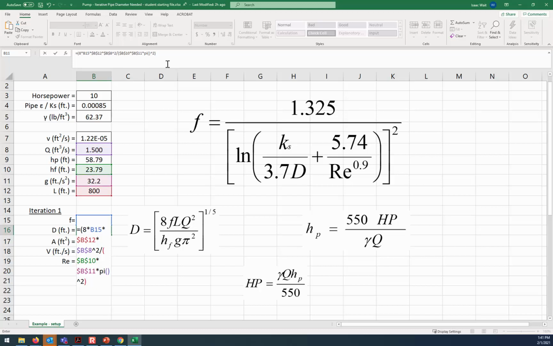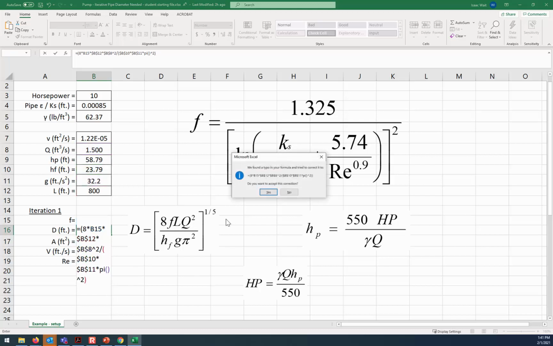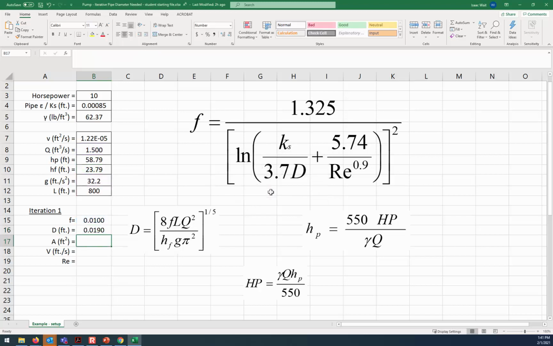Okay, so you can see the formula up at the top. It kind of packed it in. I wish it was just going wide there, but oh, I've got an error. I forgot to close my last closed parentheses. And so it's suggesting that I should add one more closed parentheses at the end. So yes, that's fine.